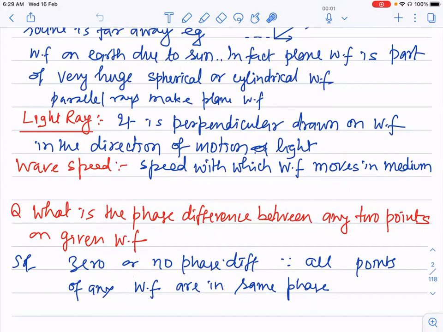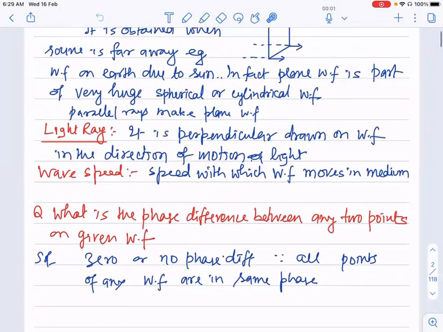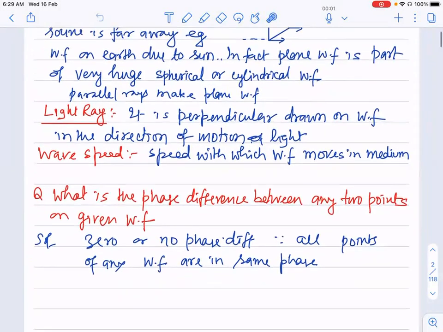They move together, up or down, or outward or inward, so they have a 0 phase difference. Because the definition is exactly that: locus of the particles vibrating in the same phase. So they are in the same phase, and the phase difference is 0. All right.